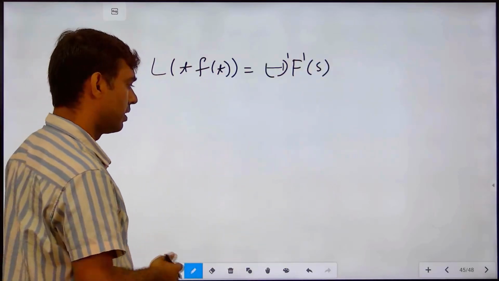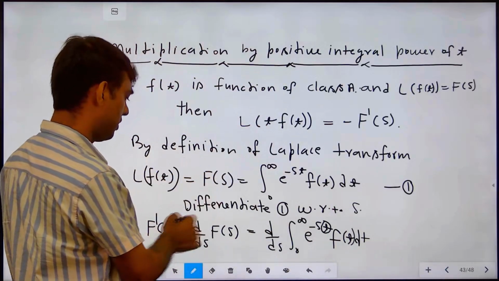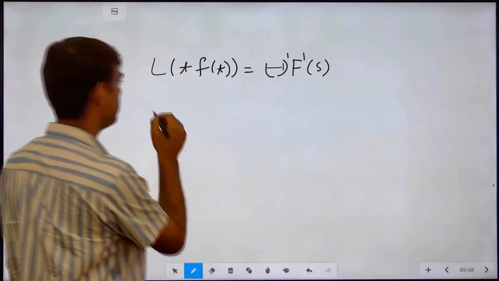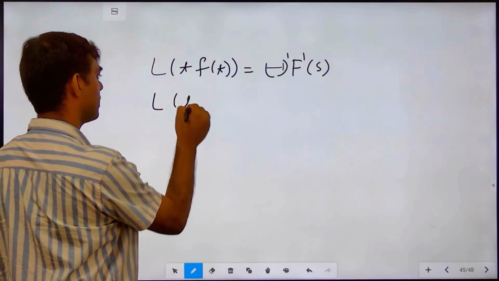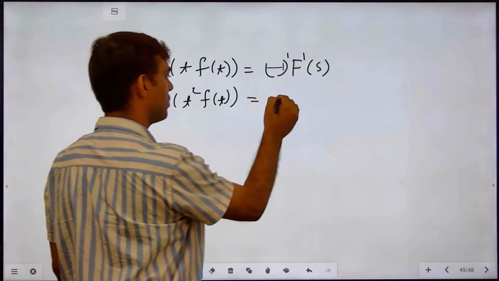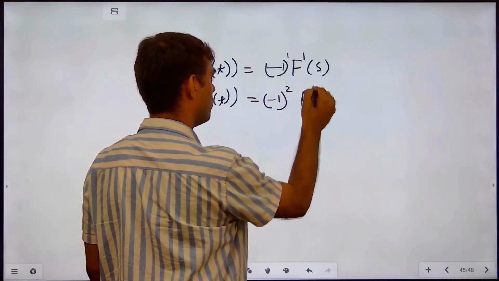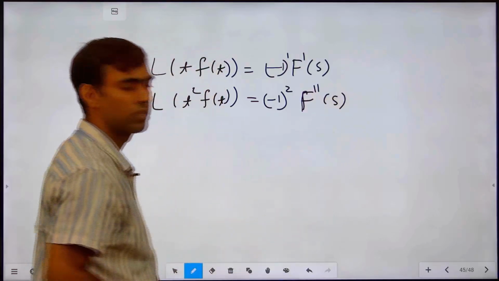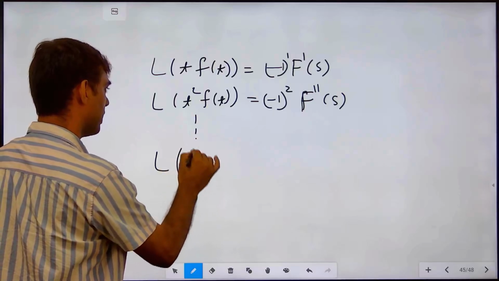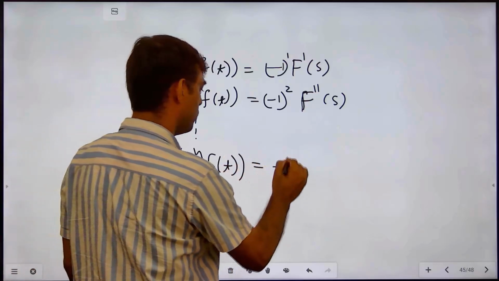If we differentiate two times, then after simplification we get the Laplace transform of t square f(t) equals minus 1 to the power 2 F double dash s.